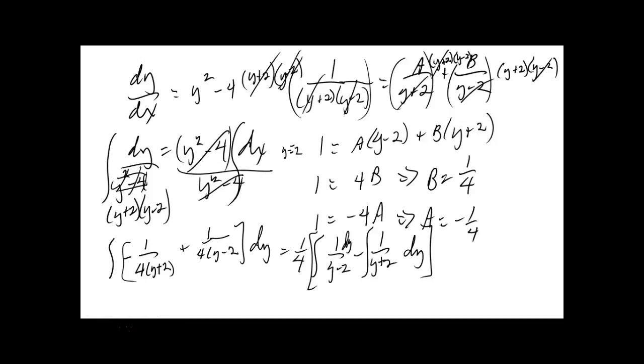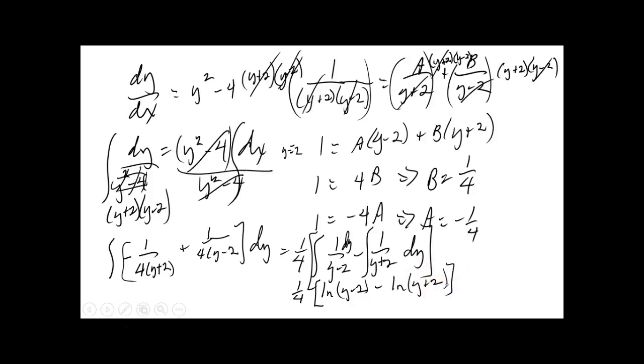What does this turn out being? 1/4 times the antiderivative of 1 over y minus 2. Absolutely, natural log of y minus 2 minus natural log of y plus 2. Okay?